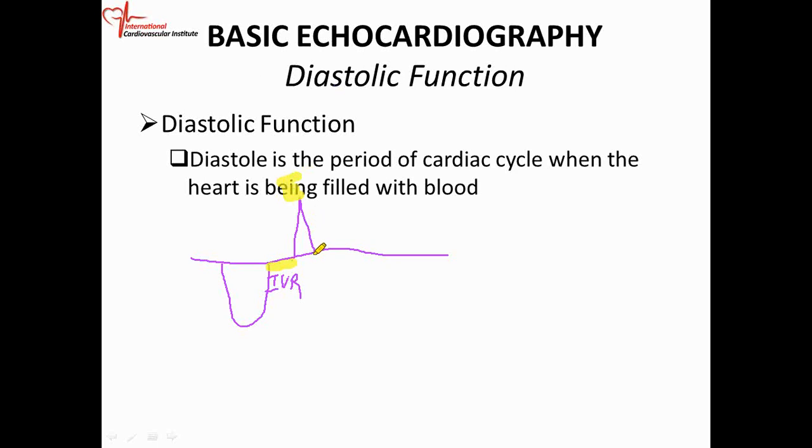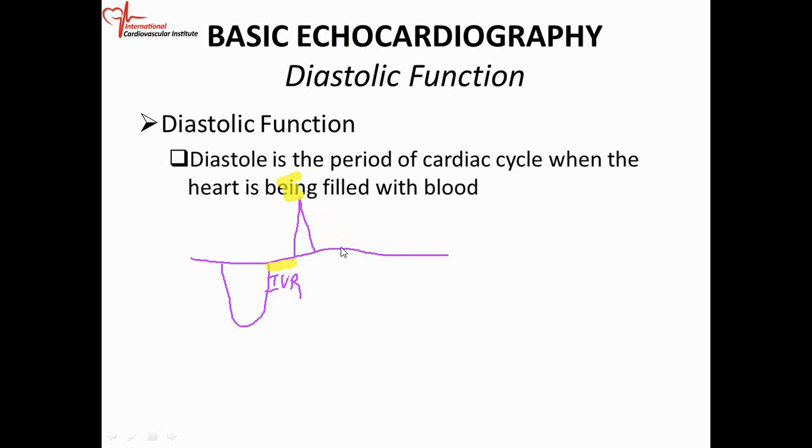In some individuals, you get a diastasis where there's an equalization of the pressure in the left ventricle and the left atrium, so there is no flow. This is seen mainly in patients who are bradycardic, but in many individuals, you're not going to see it.